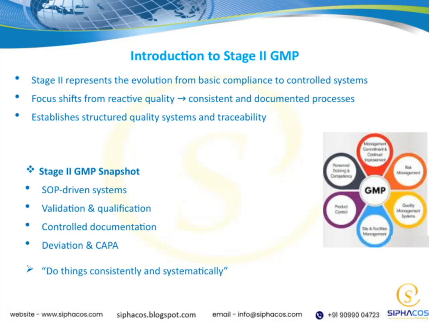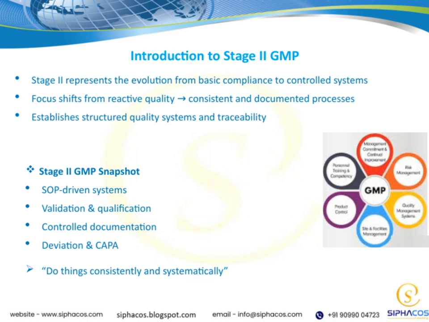Let's take a closer look at stage II GMP snapshot. At this stage, we focus on SOP-driven systems, which means standard operating procedures guide our processes consistently. Validation and qualification become key to ensuring our equipment and systems perform as intended. Controlled documentation is also essential, providing a clear record of what has been done, when, and how.